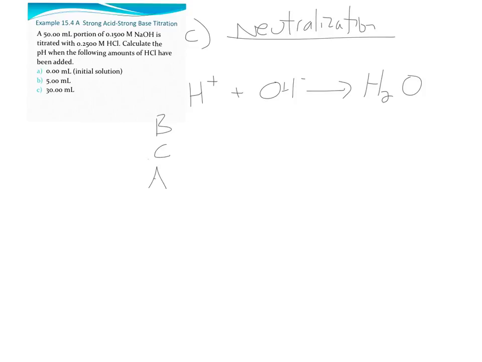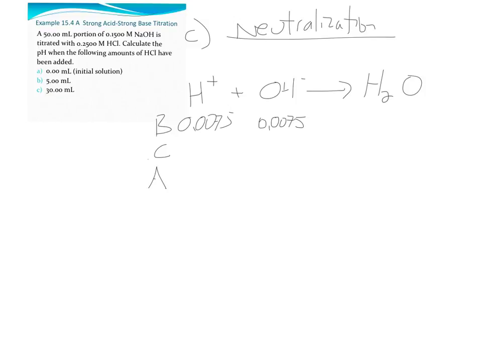So we do BCA. And now our volumes here, we always go back to the beginning. Sodium hydroxide, 50 milliliters of 0.15 molar, starting from scratch is 0.0075 moles. And now we've got 30 milliliters of 0.25 molar acid, which also is 0.0075.